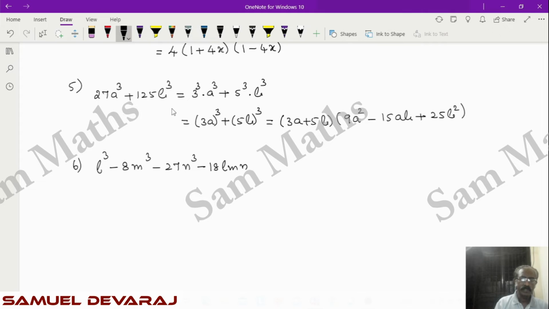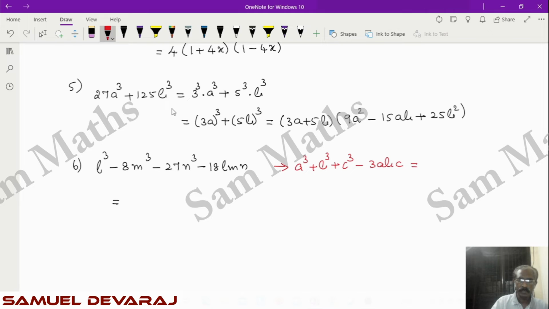Okay, children. So this we have to factorize. Therefore, what is the form, just I'll write that. This we have to consider in the form a cube plus b cube plus c cube minus 3abc. Okay, children. You know the formula for this.